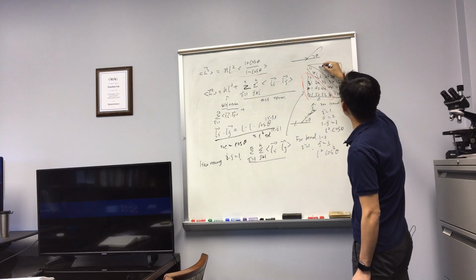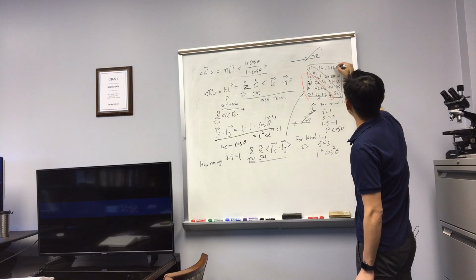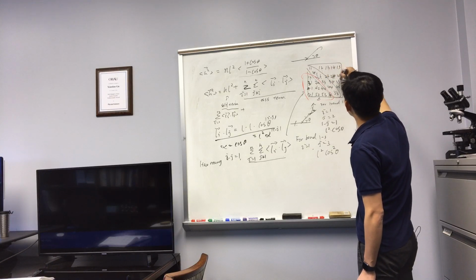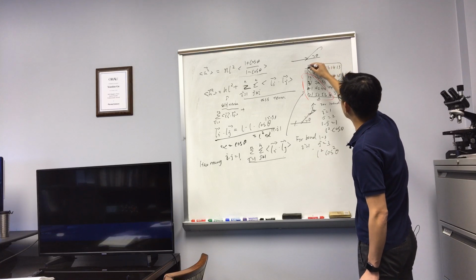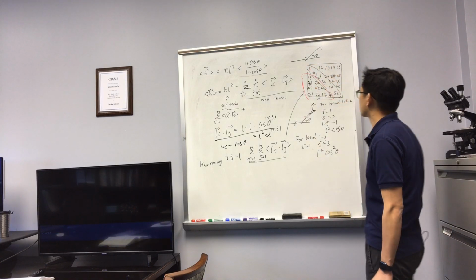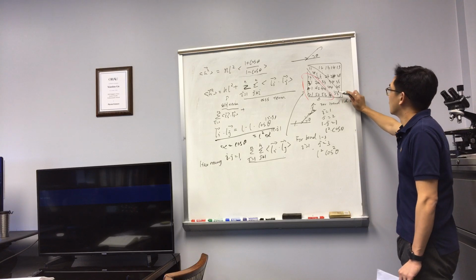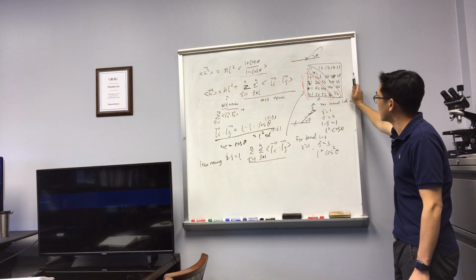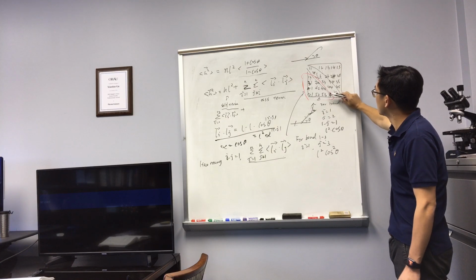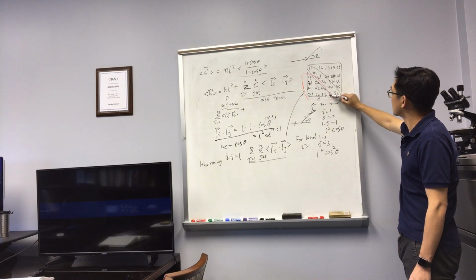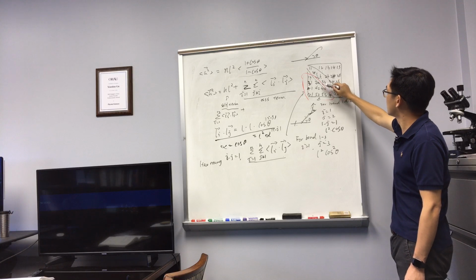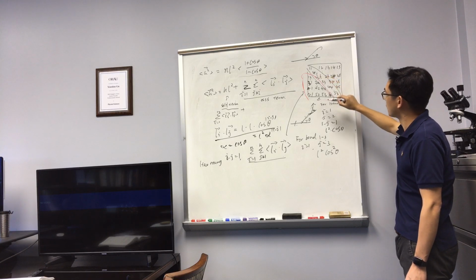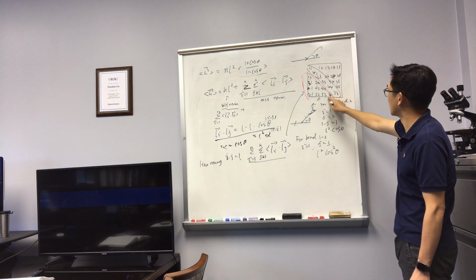And then you have 1,2, 1,3, 1,4, 1,5. Symmetrically, you would have the same on the top. So we're only going to consider half of the matrix, the bottom half, circled in red. If we multiply by 2, we will get the top one. So we now know there are n minus 1 bonds which are closer to each other, okay?